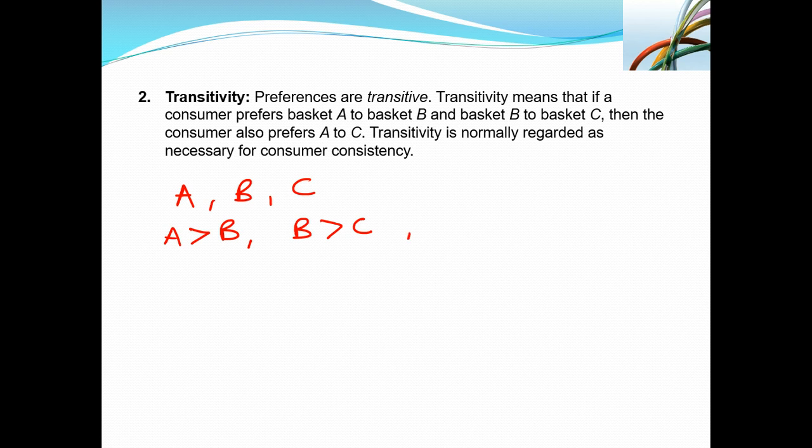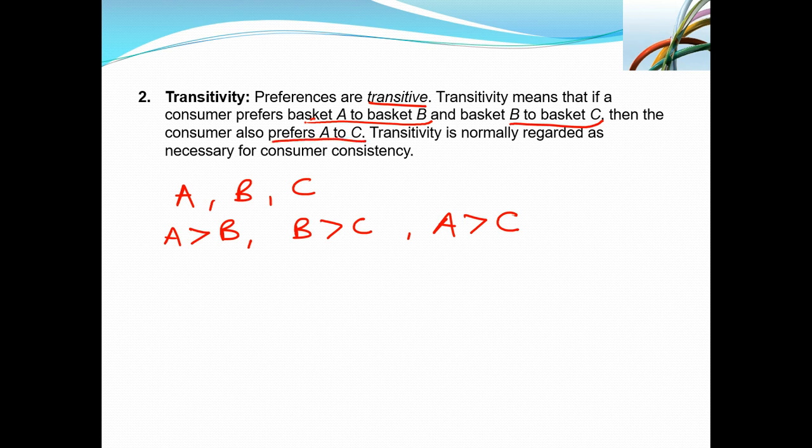That automatically means that A should also be preferred to C. So preferences are transitive, meaning that if a consumer prefers basket A to basket B and basket B to basket C, then the consumer also prefers A to C.